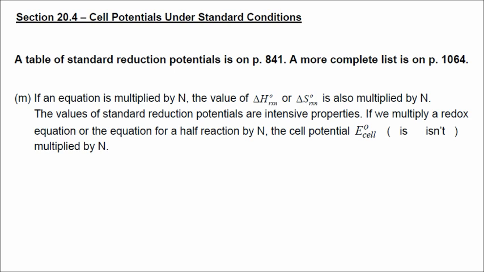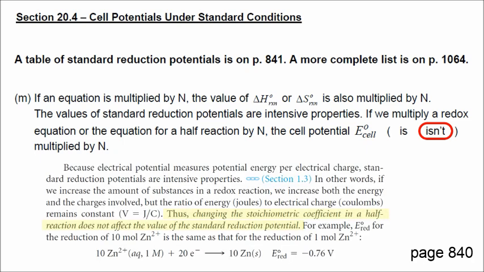So if for some reason we have to multiply a redox equation or a half reaction by n, the cell potential is not multiplied by n. And you can see this on the page 840 example here. We have 10 zinc 2 plus ions plus 20 electrons go to 10 zinc atoms, but still the reduction potential is negative 0.76. So we did not multiply that voltage by 10.